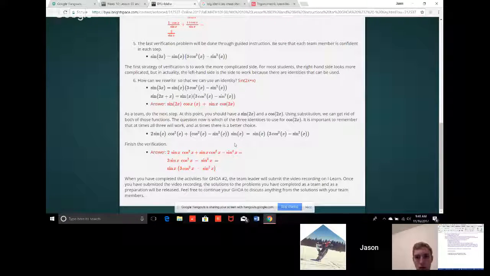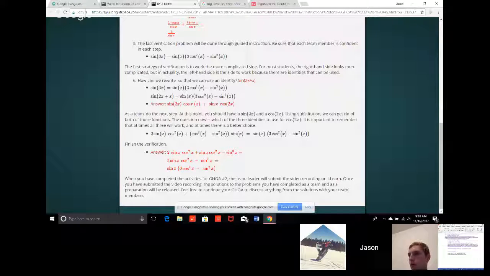And so what they did is, if you look at this one here, all they did was multiply the sine x through. So they multiplied sine x through, which got them down to this line, sine x times cosine squared x minus sine x cubed. So they got rid of that one.